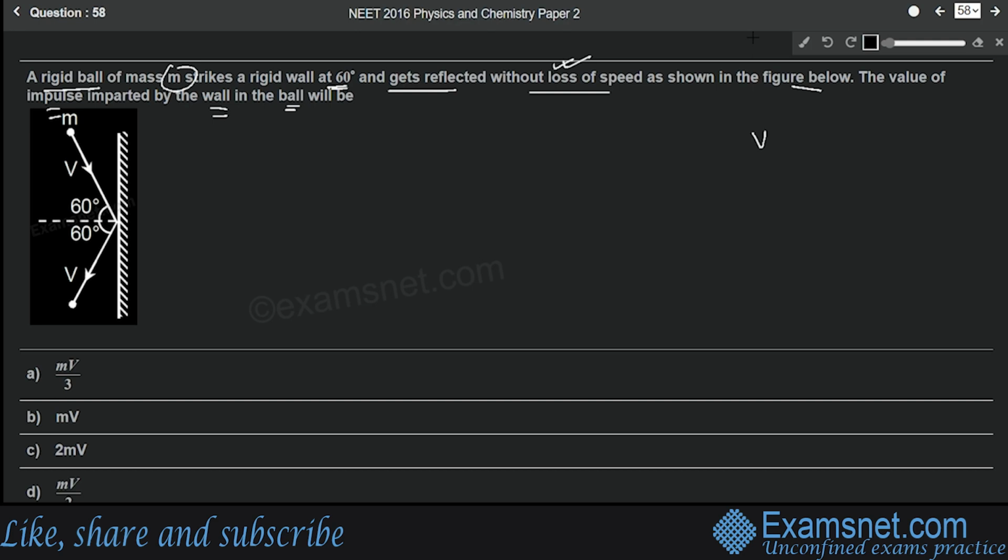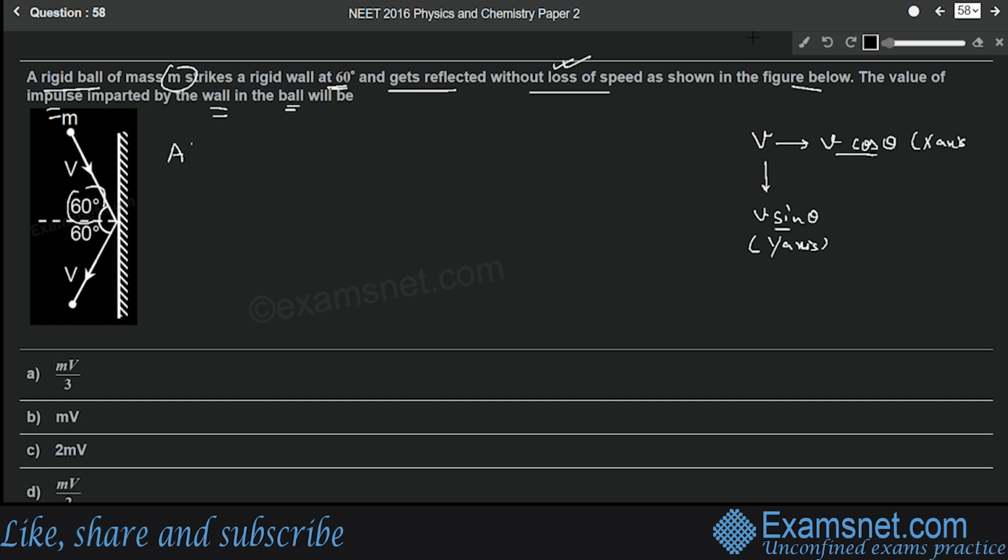So we can resolve the components of speed into the x component, that is v cos theta, and the y component, that is v sin theta, right? This is along the y axis and this is along the x axis. Theta in this case is 60 degrees, okay? So v cos 60 degrees and v sin 60 degrees.